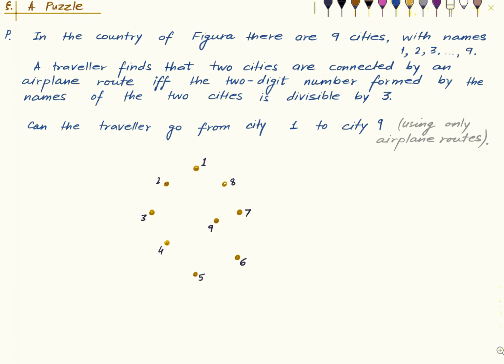So the question is, can the traveler go from city 1 to city 9 using only airplane routes? So that is what we want to answer, yes or no. Okay, we will come back to this puzzle. Before we solve this, we will develop some concepts.